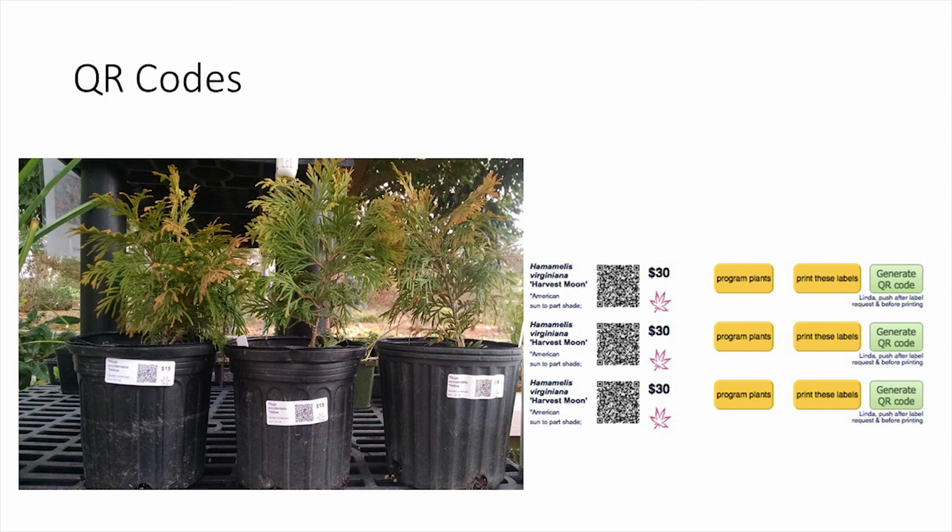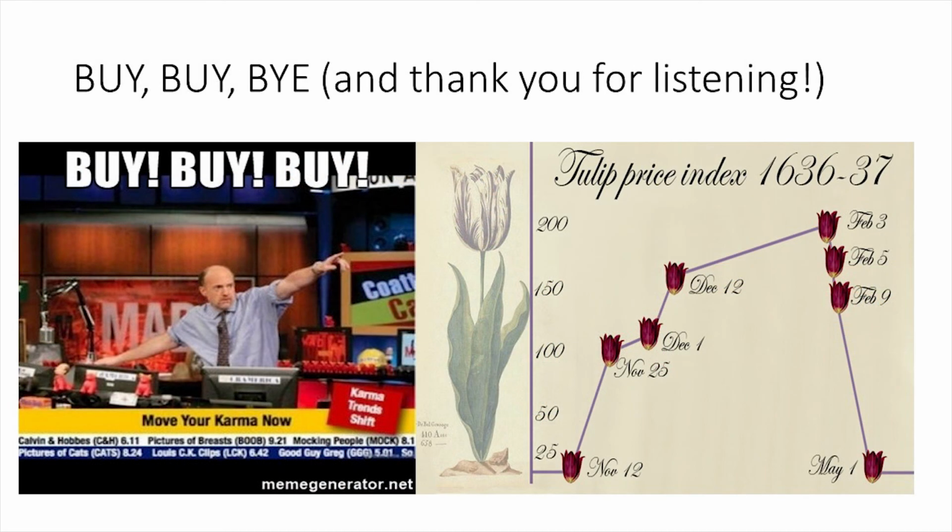So if we want to print 30 labels at one time, you click this button and it generates 30 labels where each unique species has a unique barcode taking you to our website so you can learn more about that plant. We don't have to squish as much information on how to take care of it onto the label itself. So give it a try, take a shop around, don't be shy, just buy.